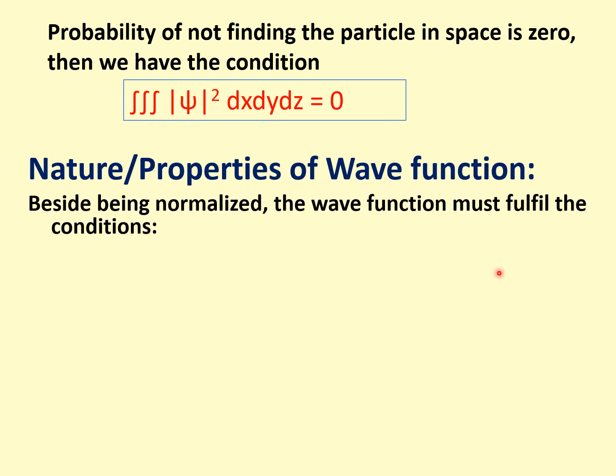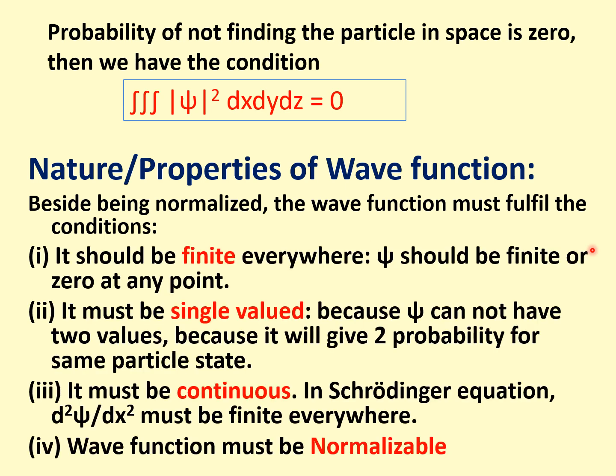Now what are the properties of wave function? The wave function must fulfill these properties. It should be finite everywhere, psi should be finite or 0 at any point, and it must be single valued because psi cannot have two values, and if psi had two values we would have two probabilities for the same particle state.